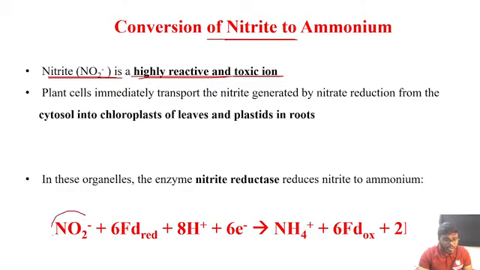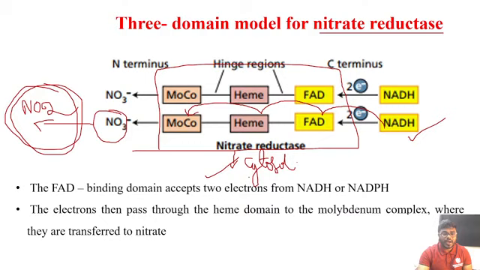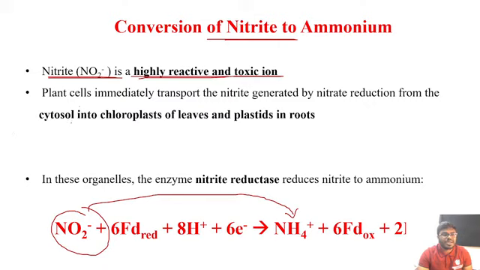Now what am I doing? I am converting NO2 to NH4. I hope all of you remember. Friends, this NO2 is produced in the cytosol. Now this NO2 will be transported from the cytosol. Where is it going, friends?